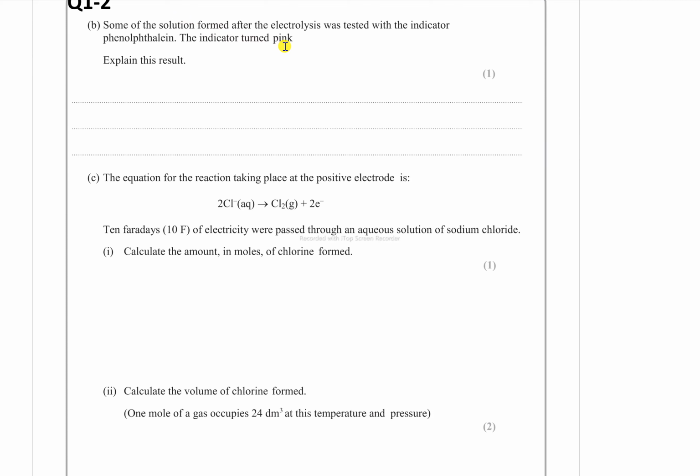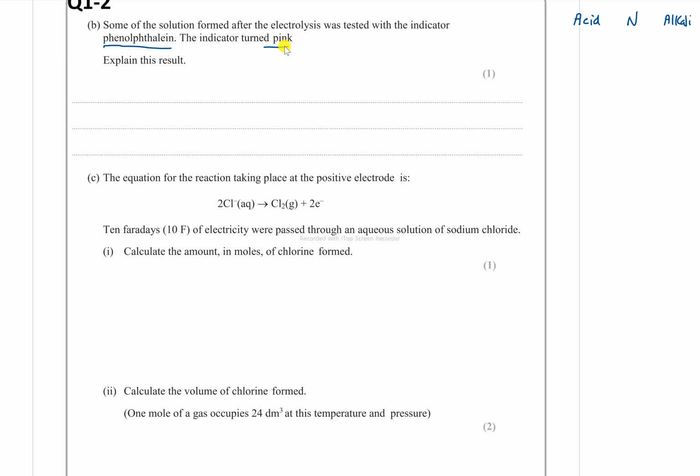Some of the solution formed after electrolysis was tested with an indicator. Phenolphthalein turned it pink. Let me just go through this. This is how I like to write it out. Alphabetical order: acid and alkali. And you've got neutral.